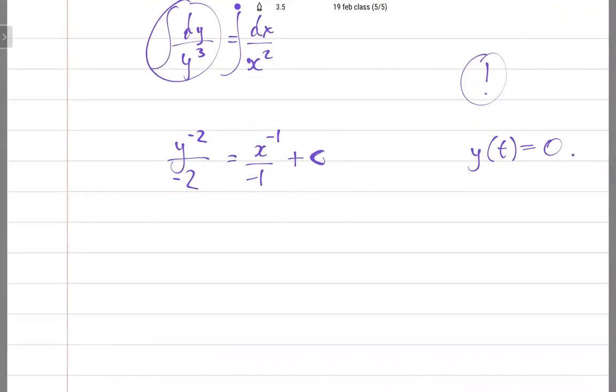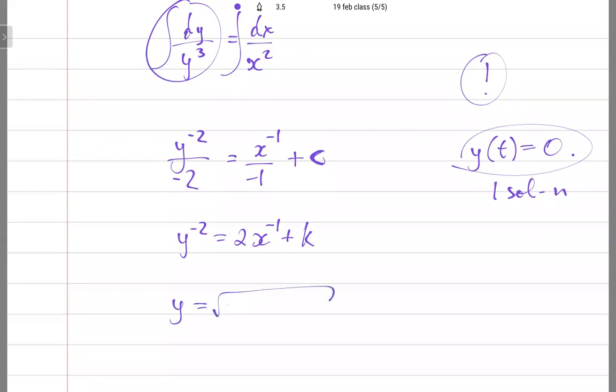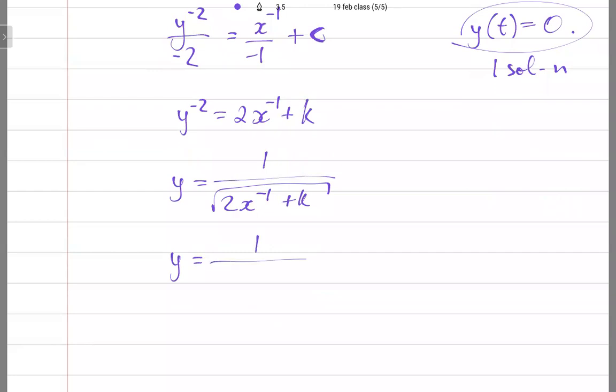This is one solution. Next solution: I multiply by 2, and I get y to the minus 2 equals 2x to the minus 1 plus, let's call it k, and y equals square root of 1 over 2x minus 1 plus k, or y equals minus 1 over 2x minus 1 plus k.